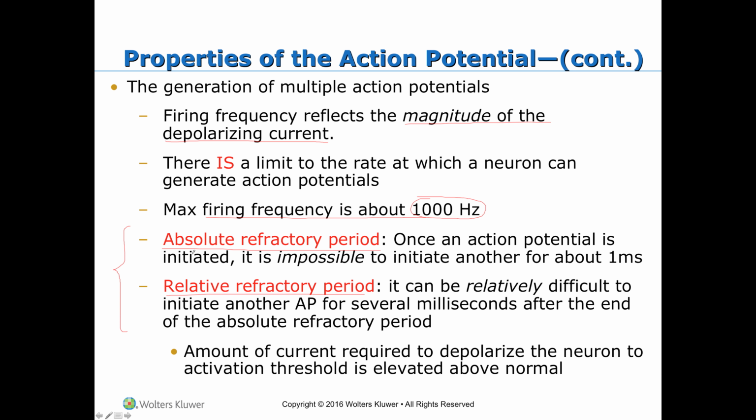The relative refractory period is the period where it is relatively difficult to initiate another action potential, but it can be possible. During the relative refractory period, the amount of current required to depolarize the neuron is elevated above normal. So you just need more current or more stimulation to depolarize the neuron to activation threshold.